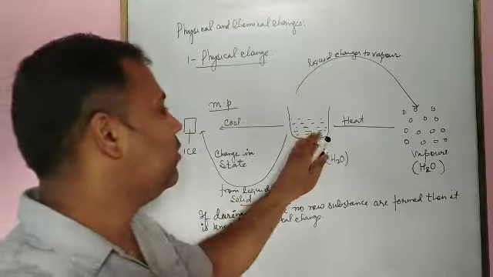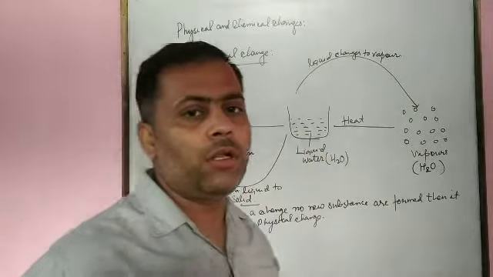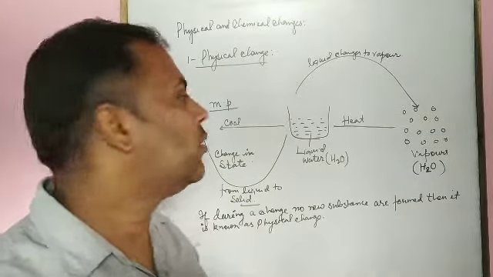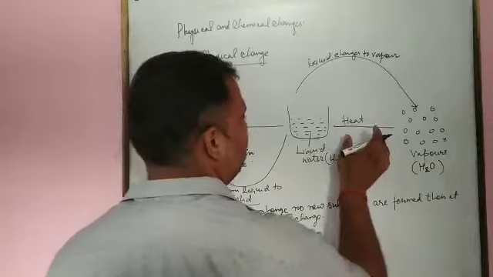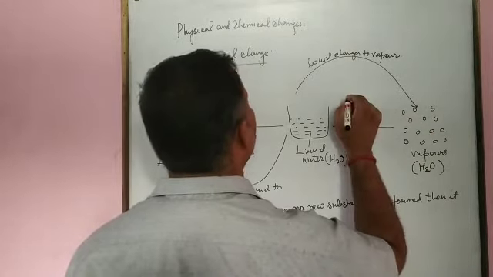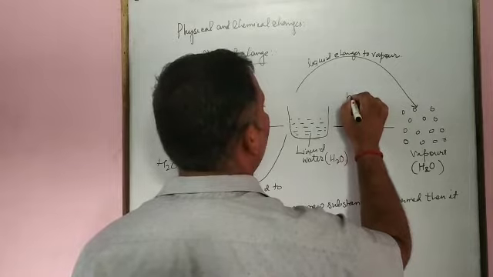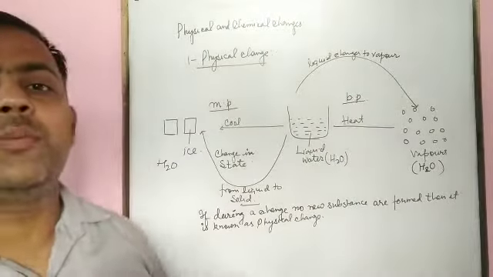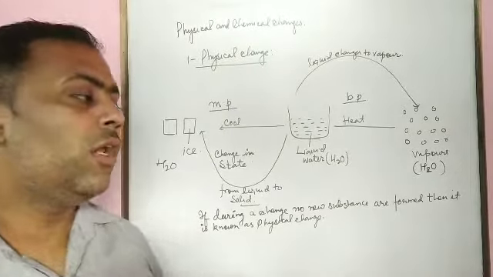When we heat the liquid water, it is converted into vapor at 100 degrees centigrade. During this conversion, it is a physical change, and a property we observe is the boiling point. It means the melting point and the boiling point are physical properties.